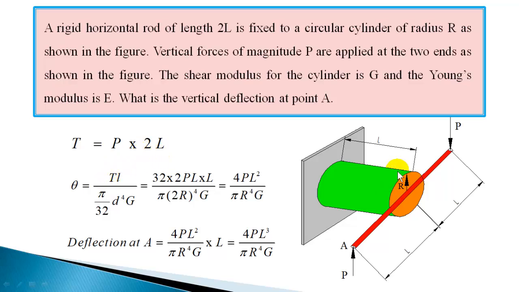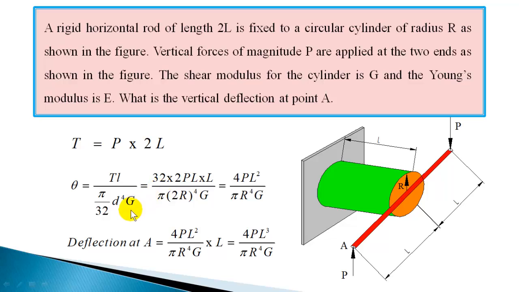Now as a result of the torque, the angular rotation undergone by the cylinder is TL by JG. J, for a solid circular cylinder, is pi by 32 d to the power of 4. So in TL by JG, J is replaced by the polar moment of inertia of the circular cross section, pi by 32 d to the power of 4.